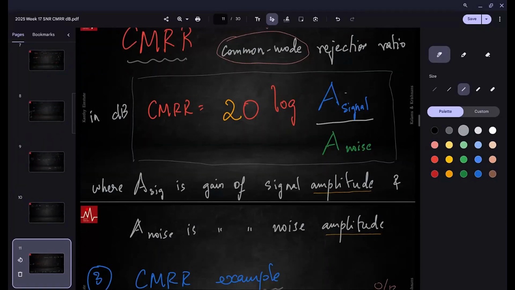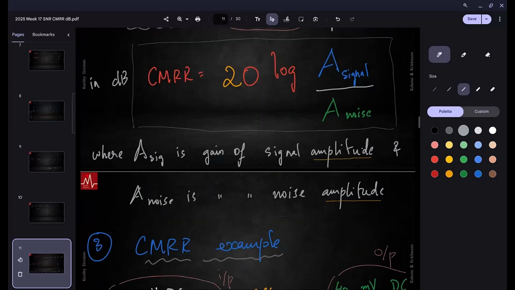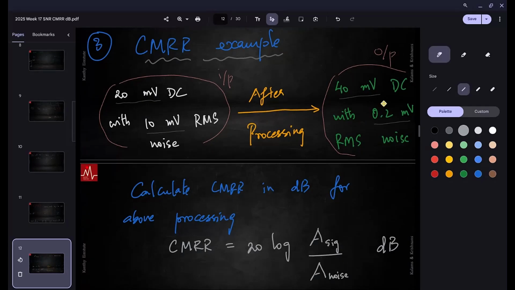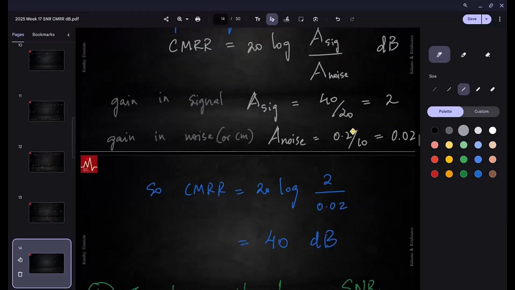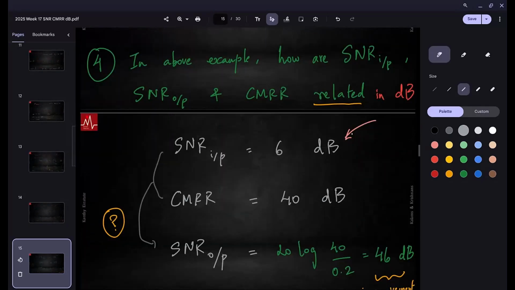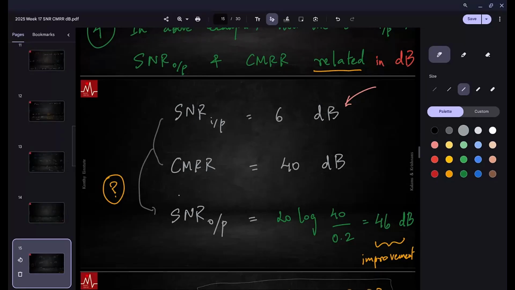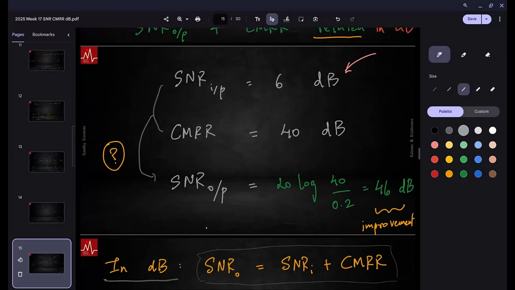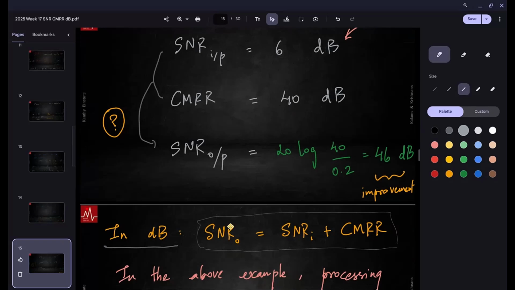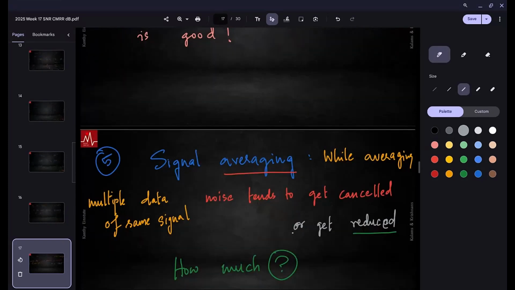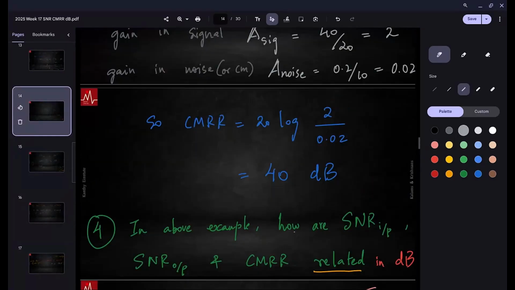CMRR is 20 log of the ratio of gains, signal gain by noise gain, or common mode gain. In this example, we calculated the common mode rejection ratio, and the three should be related: output SNR minus input SNR should give you CMRR.